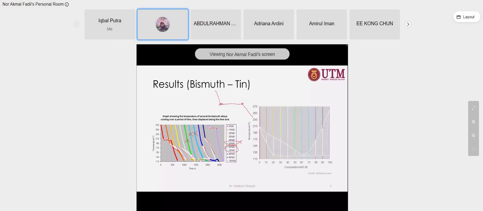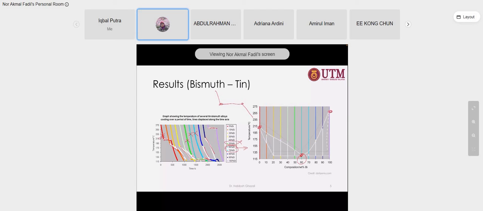So from this data point, they found out, and for this result they interpret that at 60% of bismuth, it is a constant temperature. The green one means gradient temperature. So 60% has a constant temperature, but the rest, the red line, is pure bismuth.